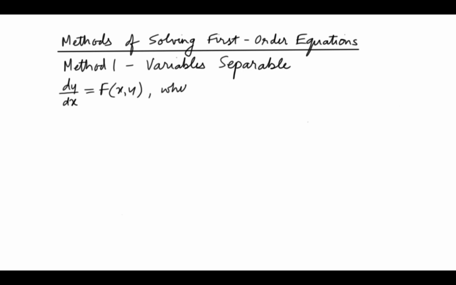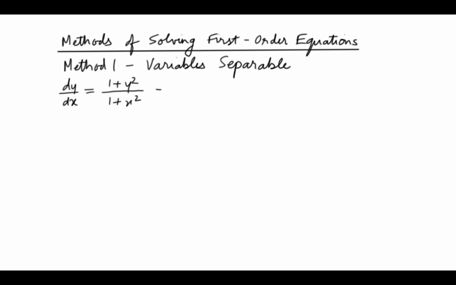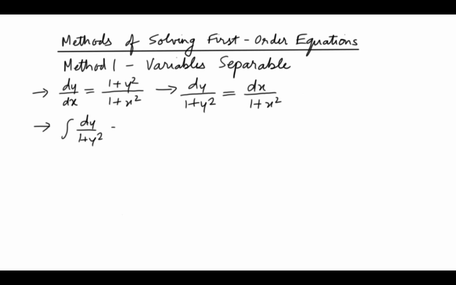The other two methods are homogeneous equations and the linear differential equations, which we'll be learning soon. But first we'll start with the variable separable. So this example, (1 plus y square) upon (1 plus x square) is dy by dx.